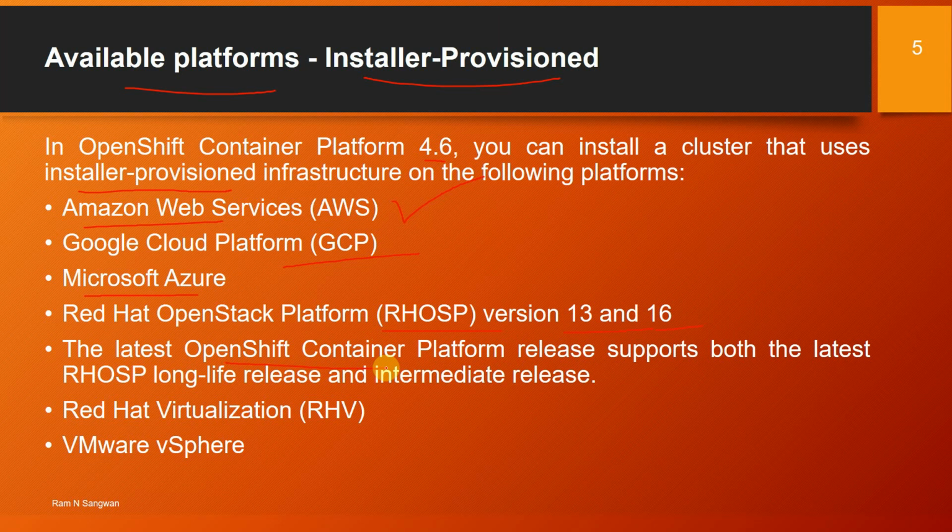The latest OpenShift Container Platform release supports both the latest, that is Red Hat OpenStack Platform RHOSP long life release and intermediate releases, and then Red Hat Virtualization, that is RHV, and VMware vSphere. All these platforms are supported. We have to talk about one because it is not possible to demonstrate all of them. However, once you learn one, you can do it on any.